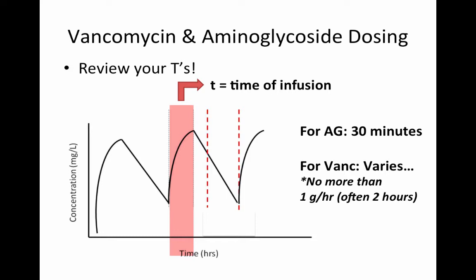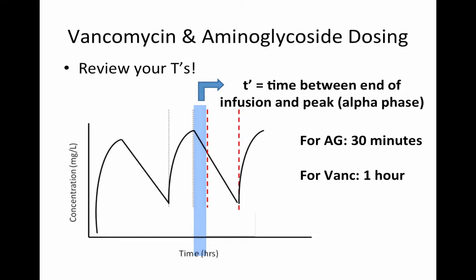At University of Louisville Hospital, we do no more than a gram an hour. So if a patient is on a gram, they might get it infused over an hour. If they're on 2 grams, it's infused over 2 hours. But bottom line is, for vancomycin, that may vary from institution to institution. For aminoglycosides, it's pretty standard to be infused over 30 minutes. So T equals the time of infusion.